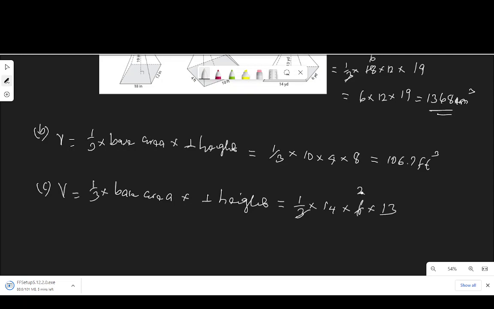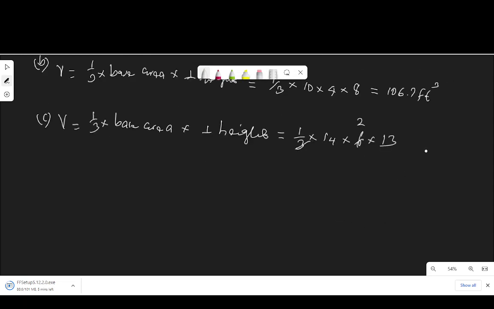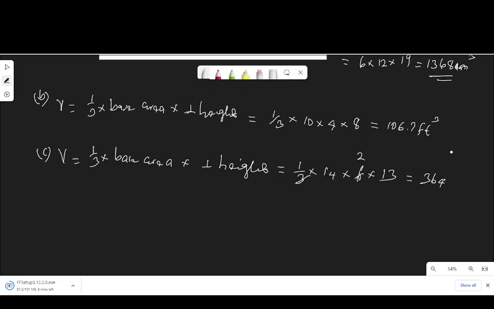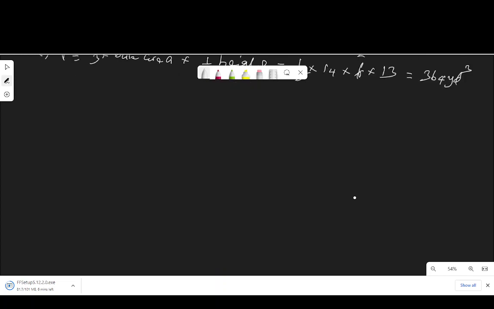Now 14 times 2 times 13. 14 times 2 is 28. 28 times 13 is 364. 364 yards cubed will be the volume of this pyramid. And that brings us to the end of that example.